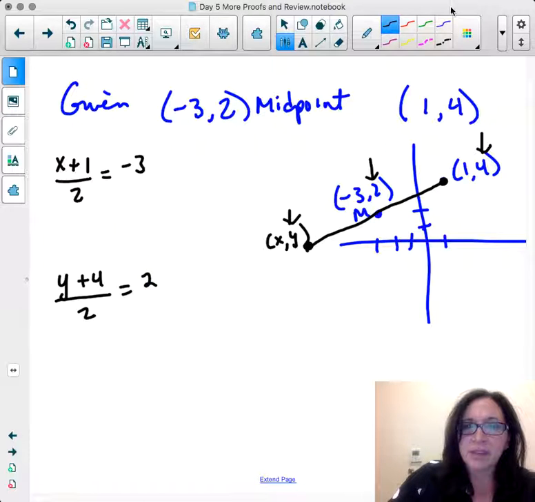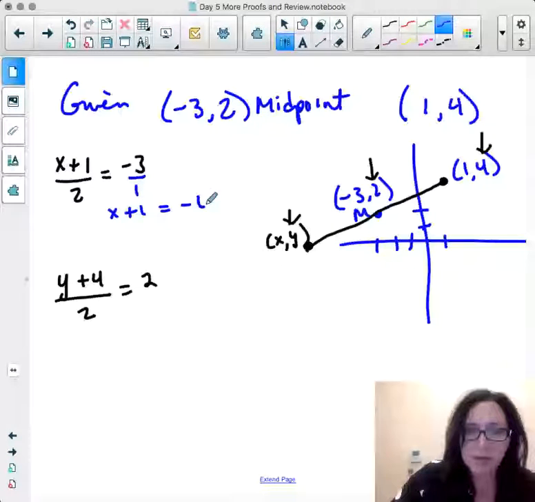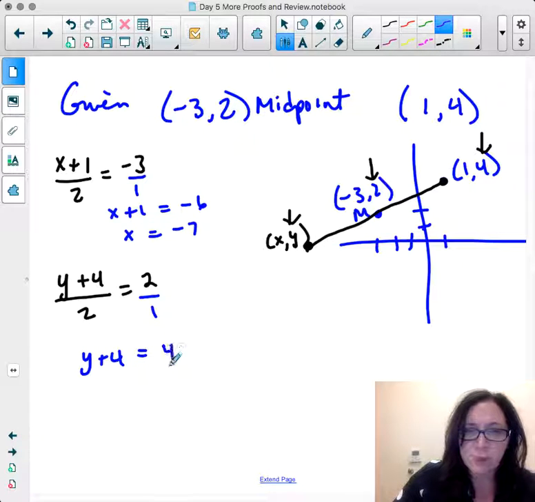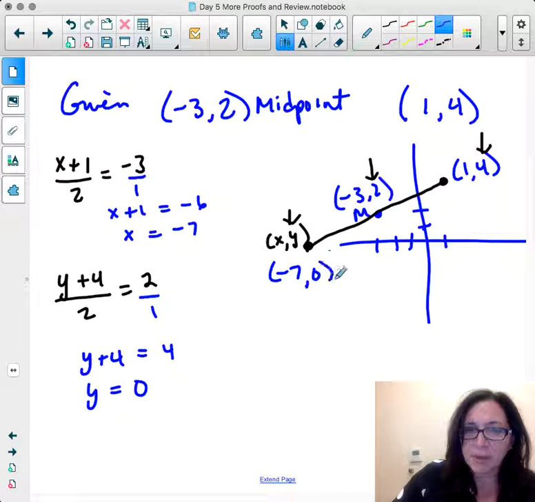And in solving this, I'm going to cross multiply, and I'm going to have x plus 1 is equal to negative 6. So x equals negative 7, because I'm going to subtract 1 from both sides. And then cross multiply here, I'm going to get y plus 4 equals 4. And so y is equal to 0. So this point is going to be negative 7, 0.